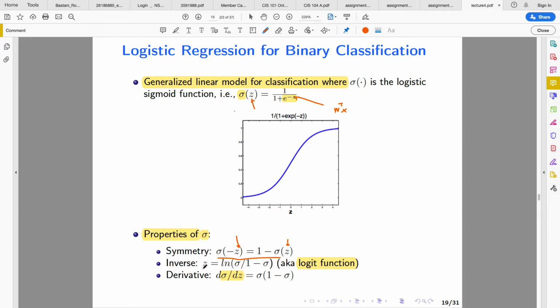And if you take the derivative of the sigmoid function, this is essentially what you are going to have. So these are the mathematical properties of the sigmoid function, which you also refer to as the logistic function.